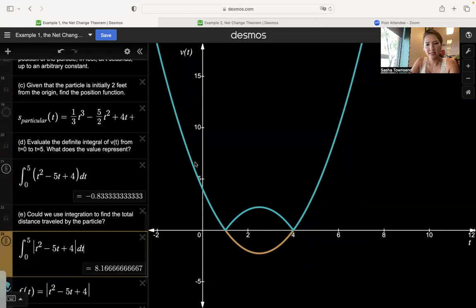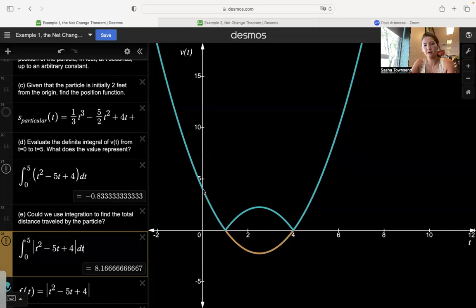Now, whenever our velocity is positive, the speed is the same as the velocity. But whenever our velocity is negative, the speed is the opposite of that. So we multiply these values by -1 and we get these values. When you graph the speed, it's much easier to see when the particle's speed is increasing or decreasing.